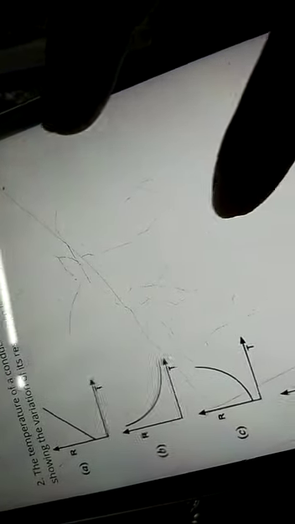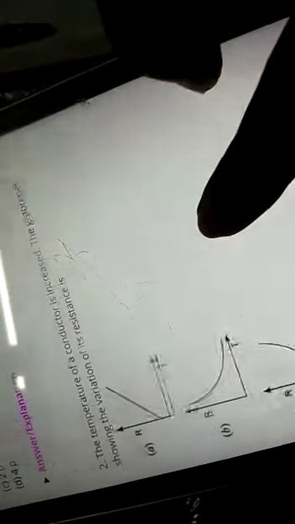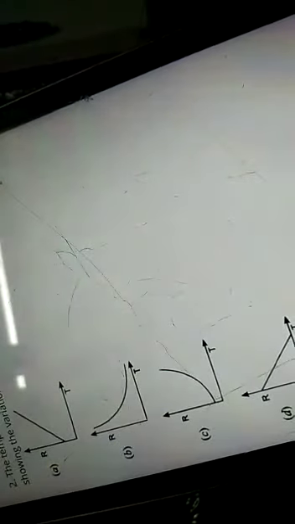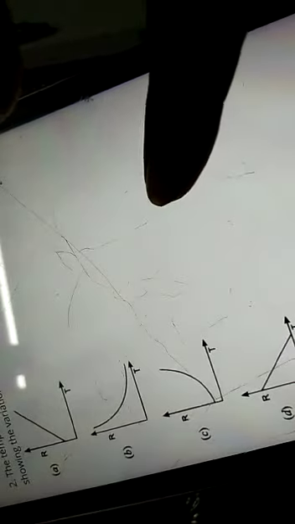So here we have 2 figures: figure A is a straight line and figure D is a straight line. But options B and C cannot be correct because they are not a straight line. If anything is directly or inversely proportional, it shows a graph which is straight.